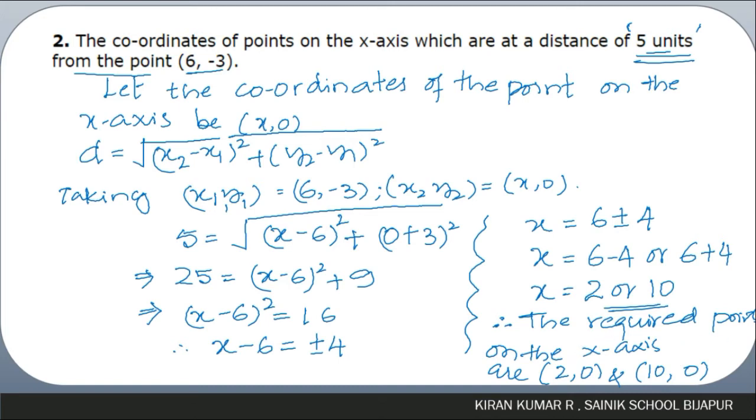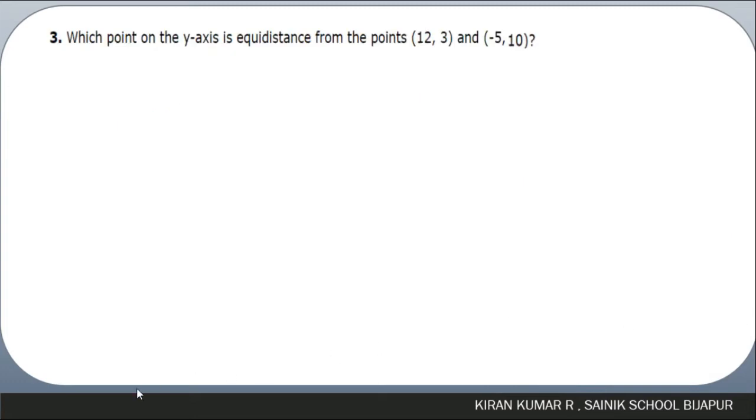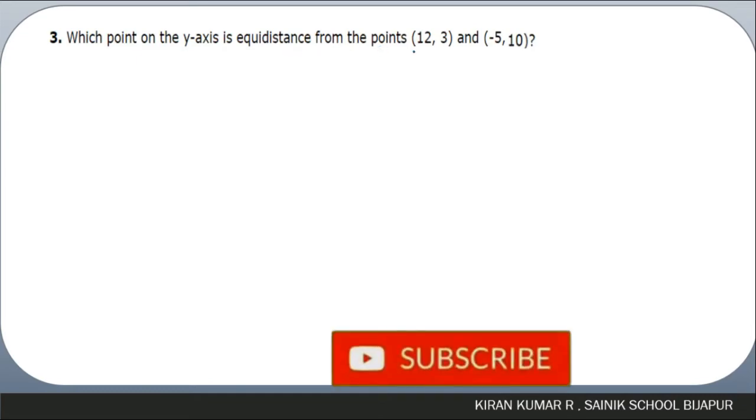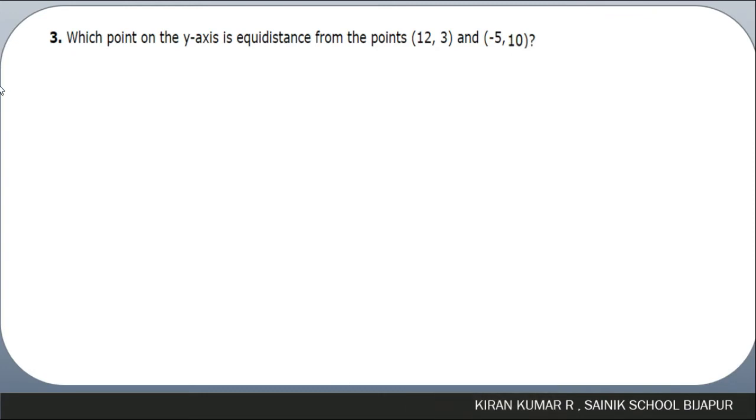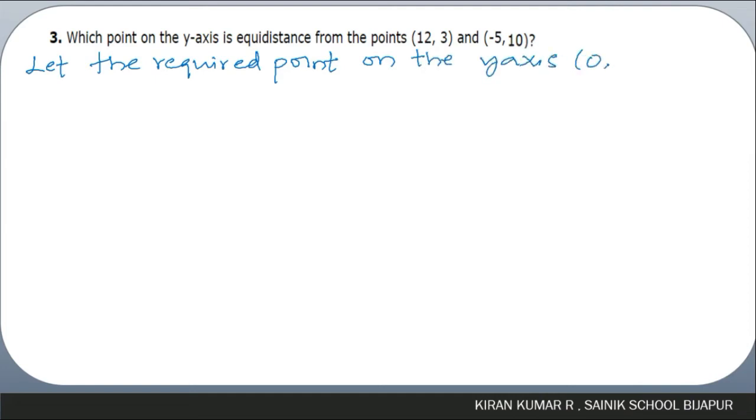Let us have a look at one more question. Here the question is, which point on the y-axis is equidistant from points 12, 3 and minus 5, 10? As we have learned, a point on the y-axis is given by 0, y. So let the required point on the y-axis be 0, y.